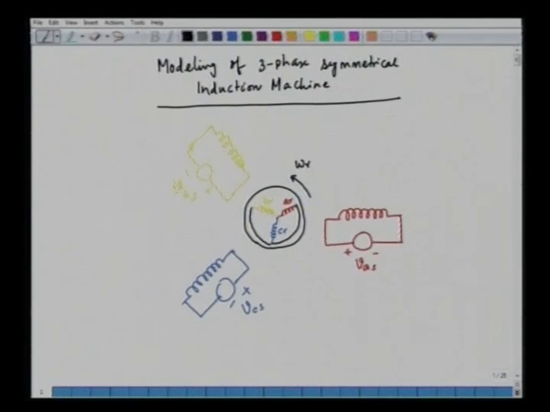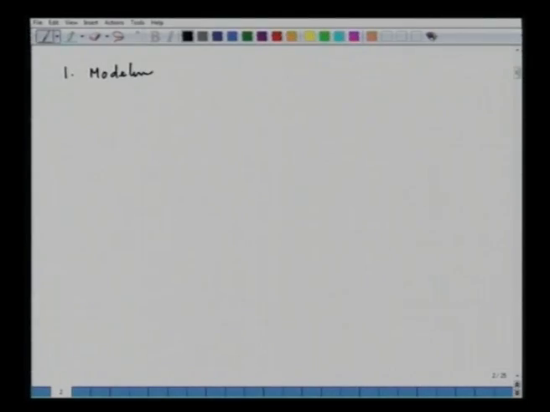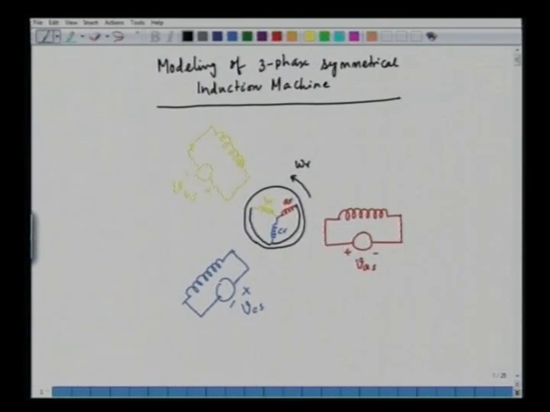Okay. So, when we want to model this induction machine, we have got 2 ways out. What are the 2 different methods? The first one is the modeling in actual variables. Now, what are the actual variables? The actual variables here are the voltages and the currents. Here in phase A we have got VAS, similarly we have got IAS, the phase A current.